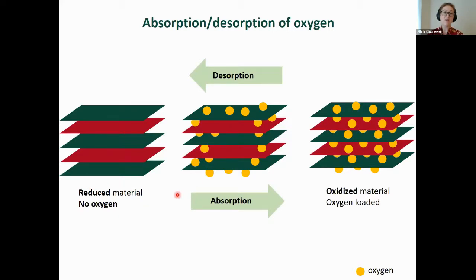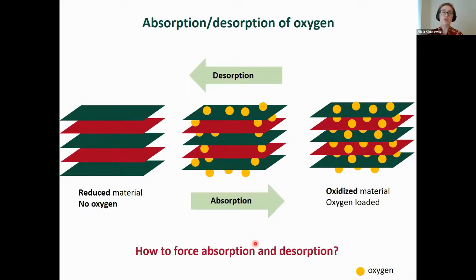Then in the absorption process, oxygen starts to be incorporated inside the material until we reach the fully oxidized, oxygen-loaded material. And we can reverse this process and desorb oxygen.